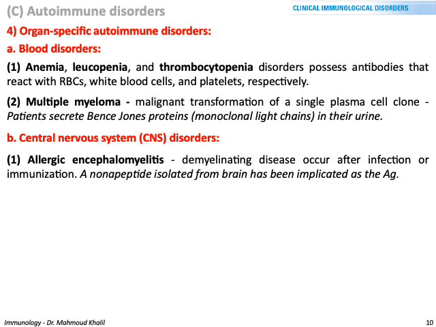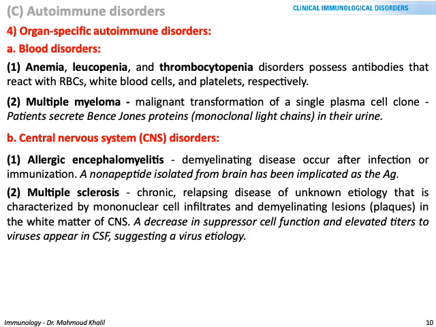For the central nervous system disorders, the first one is allergic encephalomyelitis. It's a demyelinating disease that occurs after infection or immunization, and scientists have succeeded in isolating a nonapeptide from the brain that has been implicated as the antigen.